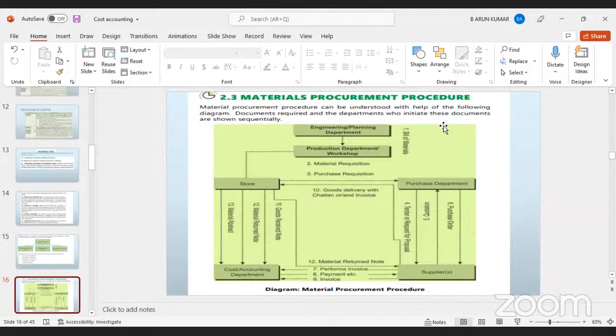We give the advertisement in different channels. Based on that advertisement, suppliers approach the departments and give some quotations. We say we require this type of quality and quantity of goods, and based on this particular amount, we prepare the purchase requisition note.